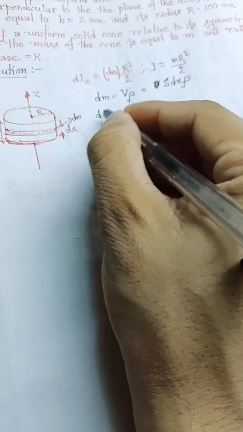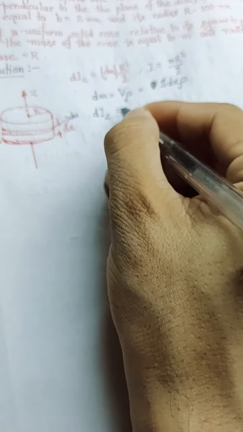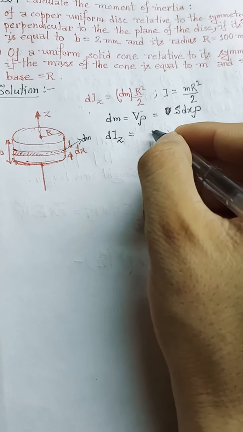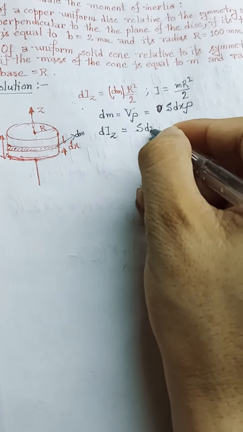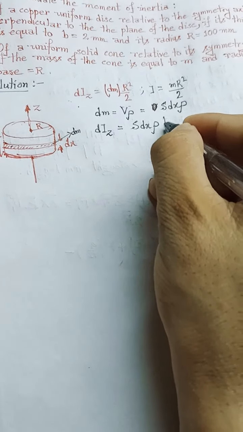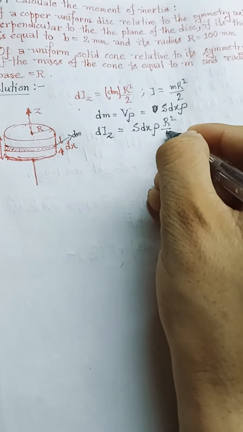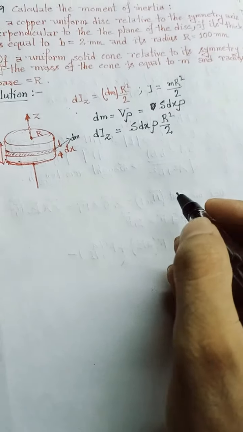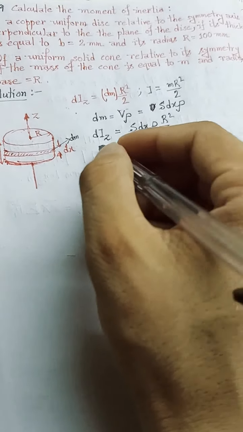So dIz will be S dx rho into r square divided by 2. If we want the total moment of inertia, we have to integrate this equation.